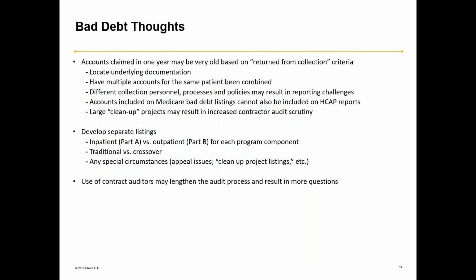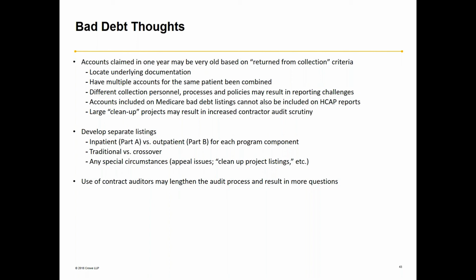So the sample that the MAC polls would be out of each one of those different buckets. So if an error was found in the traditional bucket of bad debts, you want to make sure that error is only extrapolated to that population, that traditional Medicare population, instead of the whole population, because of the different things that go on in those different areas.